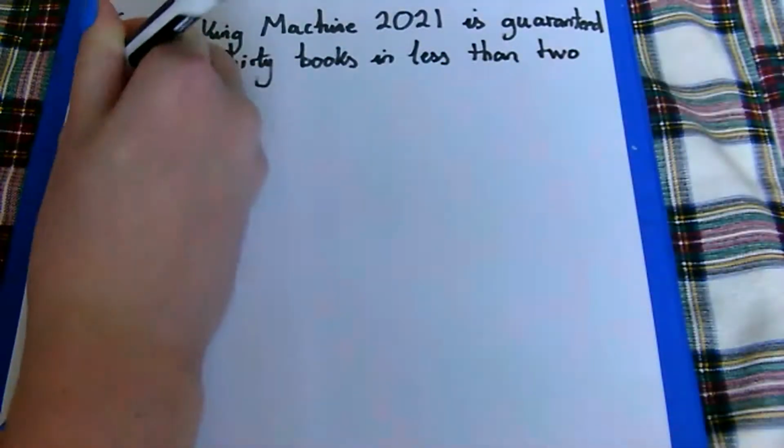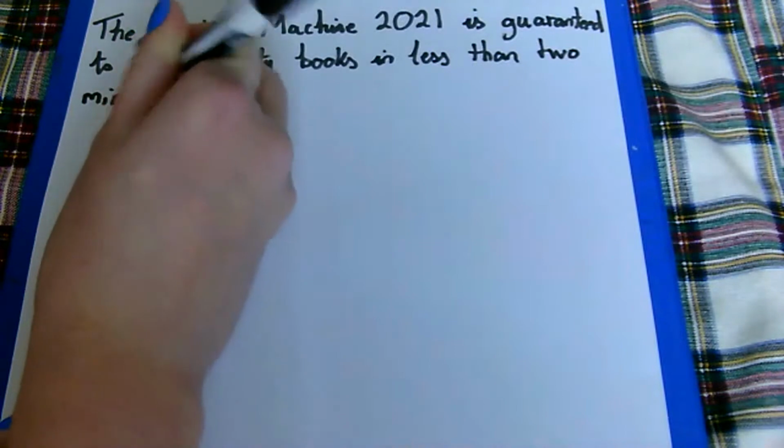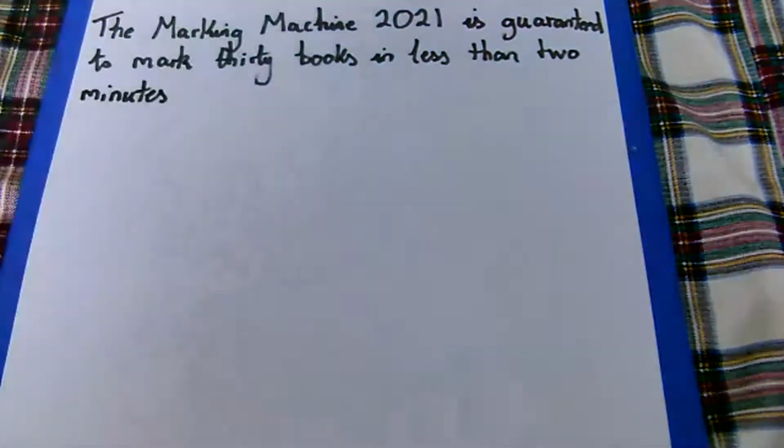So what I've done there is I've told my reader a fact about the invention, so it can mark 30 books in less than 2 minutes.